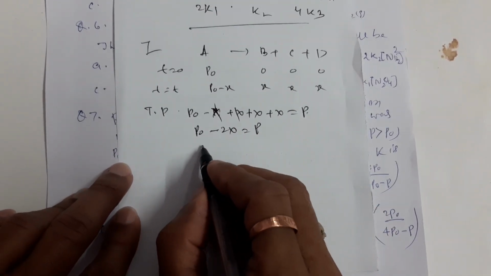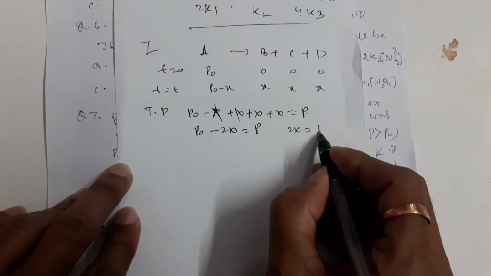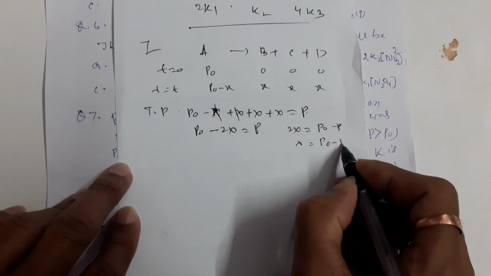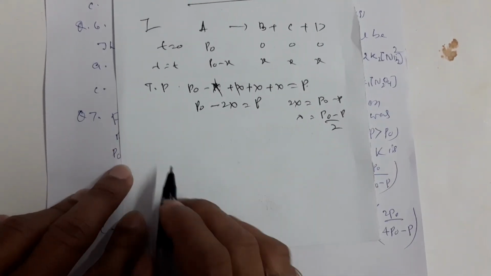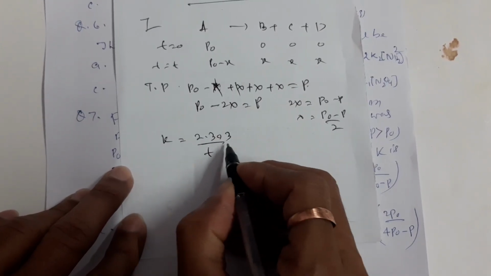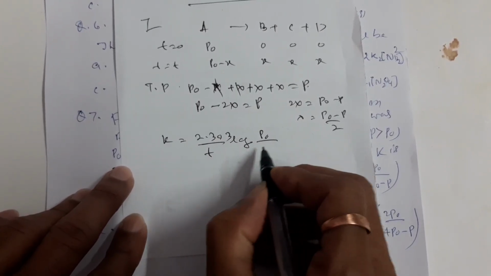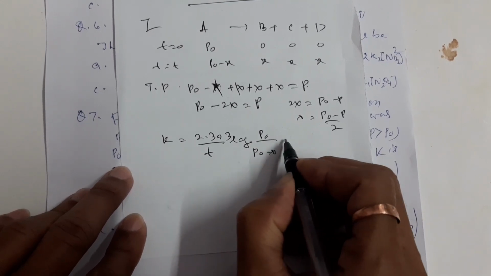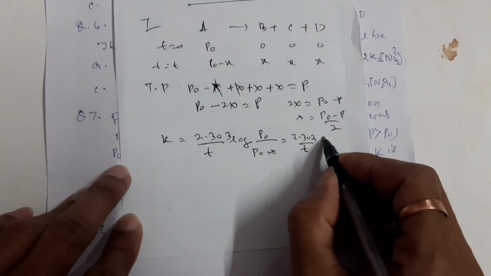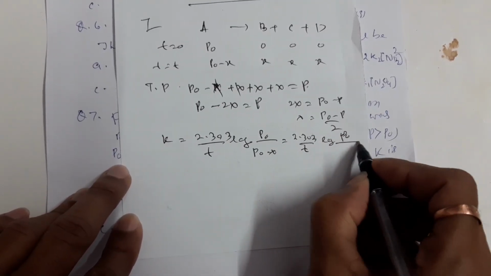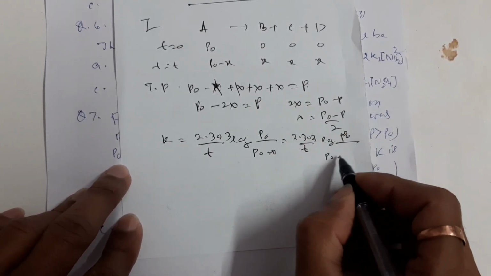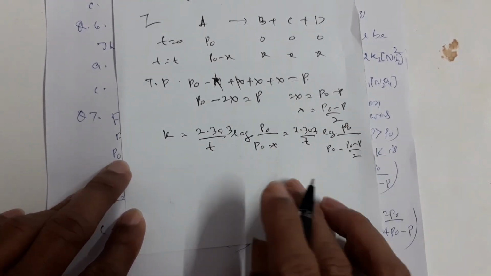Therefore 2x is equal to P minus P0, and x is equal to (P minus P0) by 2. So K is equal to 2.303 by t log P0 by (P0 minus x), with the value of x put here.